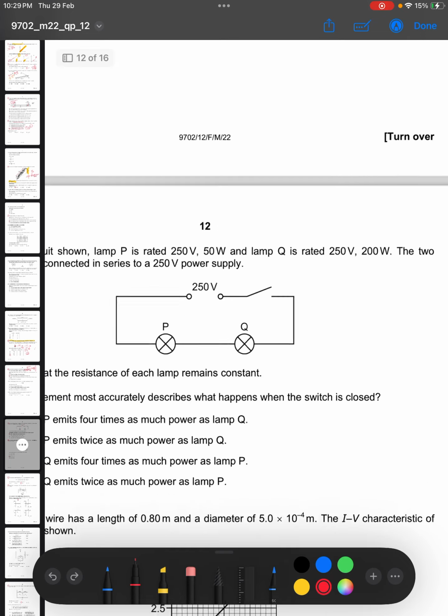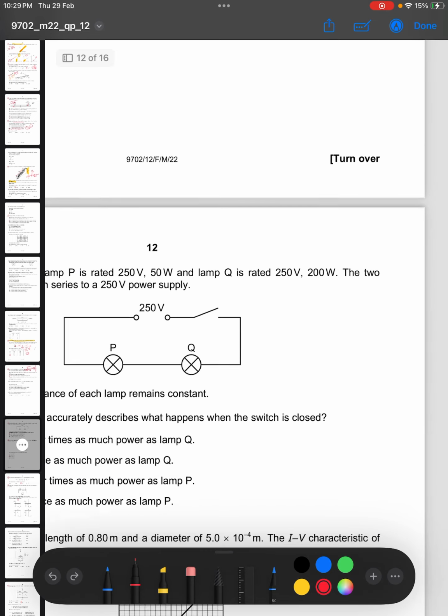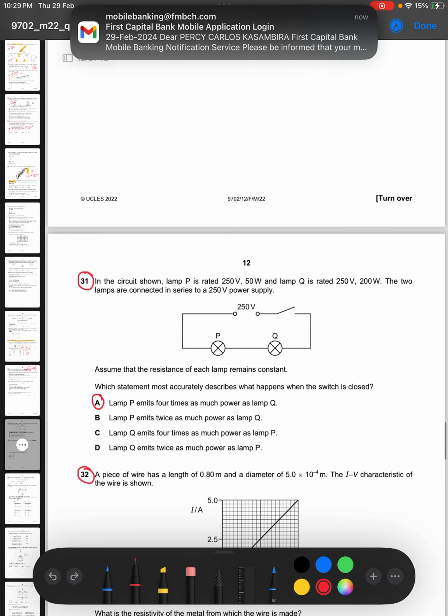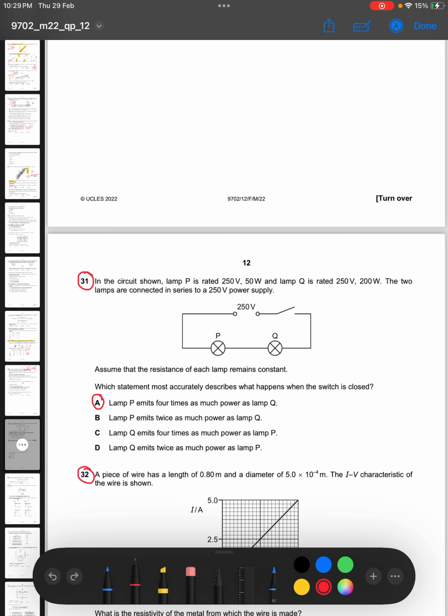So the best way is to find the resistance first. They say lamp P emits 4 times as much power as lamp Q, but this can also be dependent on the situation here.